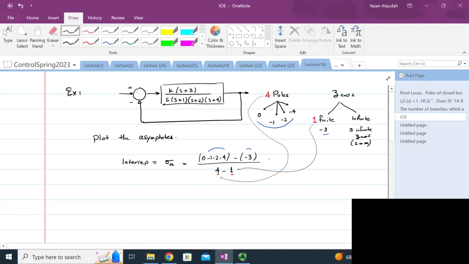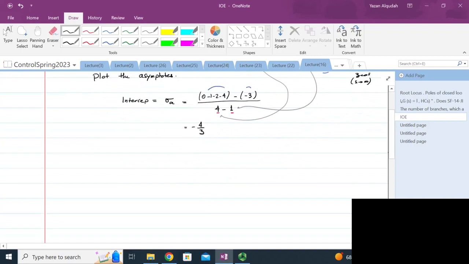Okay, if we calculate this, this is going to equal negative 4 over 3. Then we're going to calculate the angles. And theta A is equal to (2k plus 1) multiplied by 180 degrees divided by the number of finite poles minus the number of finite zeros, which is 4 minus 1. And we're going to calculate it for k equals 0, 1, and 2, since we're going to have 3 asymptotes.